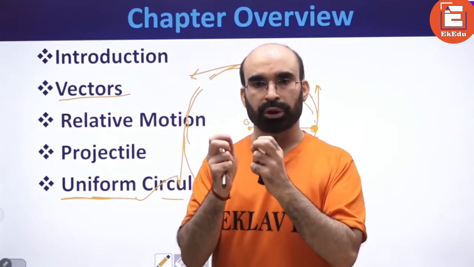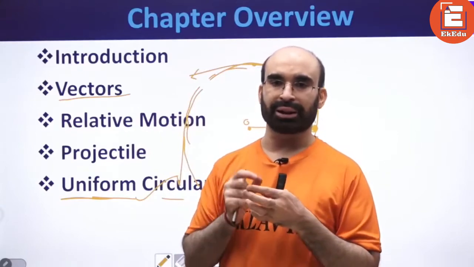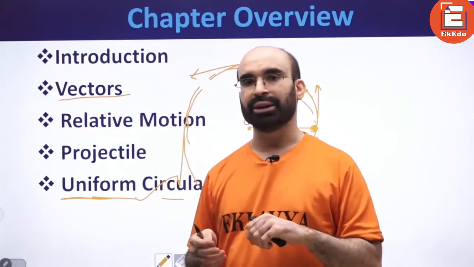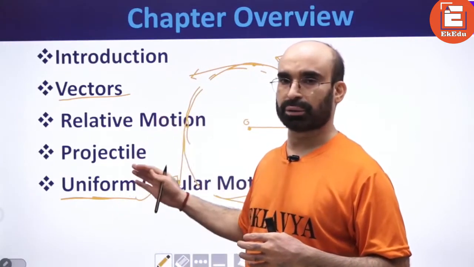Any of the two things for the velocity, magnitude and direction, if any of the two is changing, velocity is changing, and acceleration comes in. So uniform circular motion is also an accelerated motion.